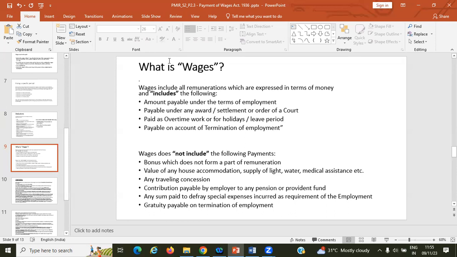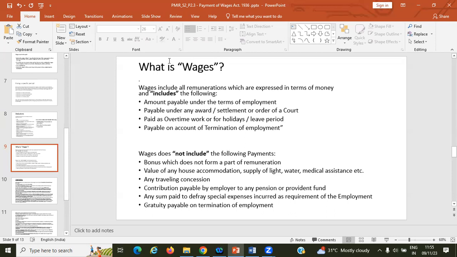You remember, suppose one amount is given and the company has deducted 10% of that for the person as part of pension or provident fund. So you have to deduct 10% of that. The remaining amount we should consider as wages. Suppose a person is getting 100 rupees and a clause is mentioned, the company has deducted 10%.